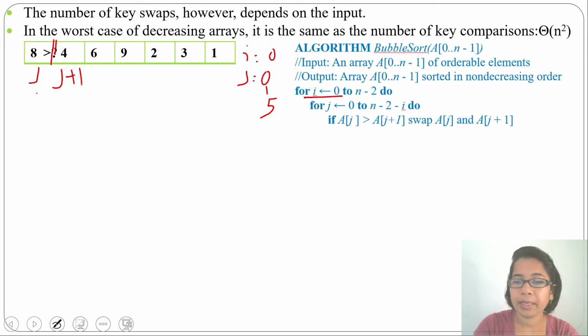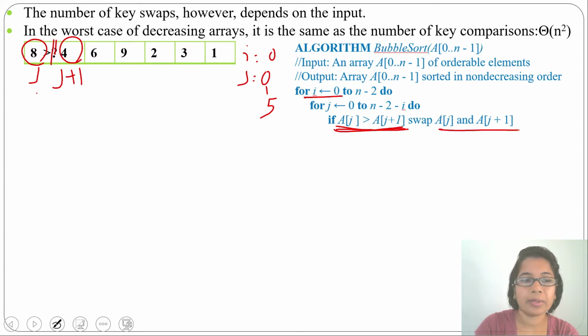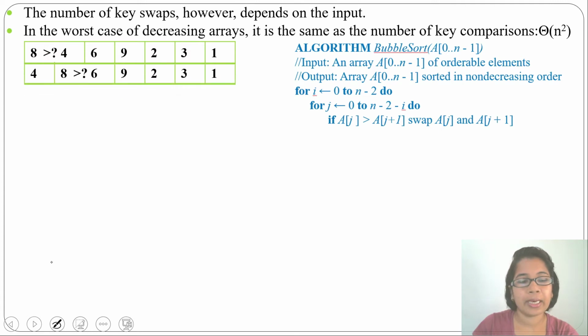Then we'll compare if a of j is greater than a of j plus 1. Is 8 greater than 4? Yes. So when this if condition is satisfied, we'll swap a of j with a of j plus 1. We'll swap these two elements. After swapping, we get this.